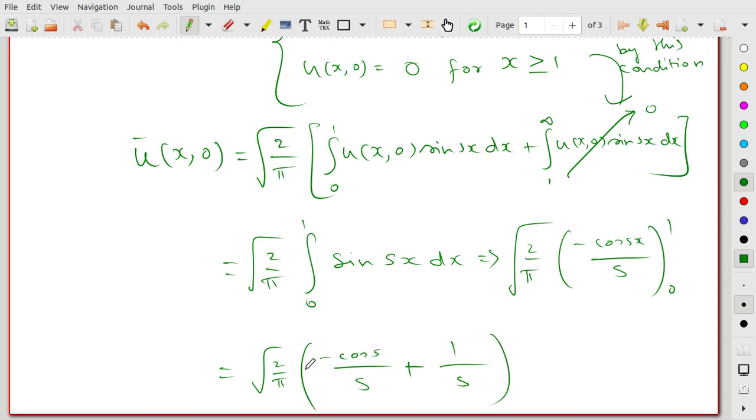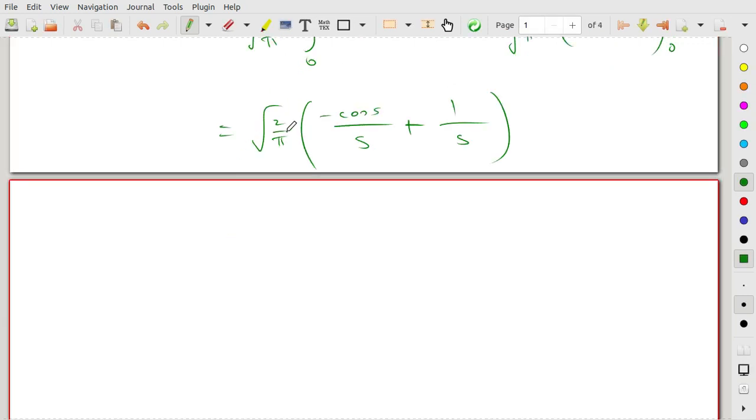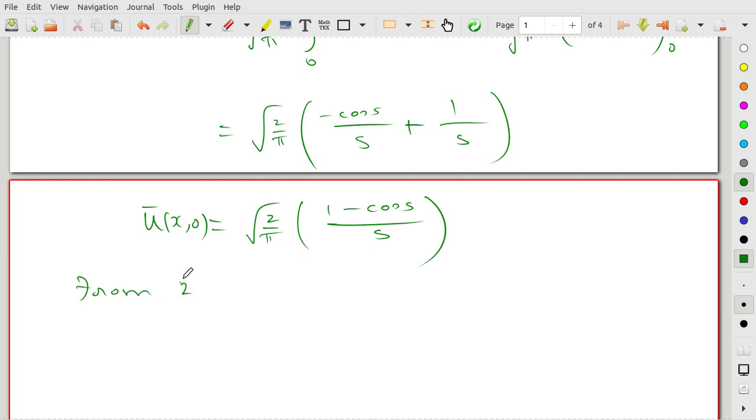We can rewrite this as root 2 by pi times 1 minus cos s divided by s. And this is our u bar of x comma 0, at time t equals 0. And from equation 2, we know that u bar of x comma t equals a e power minus s square t.